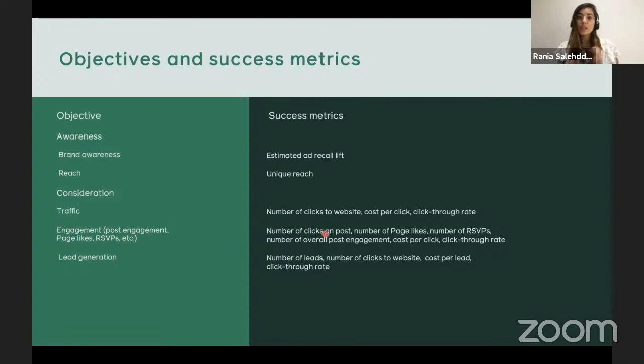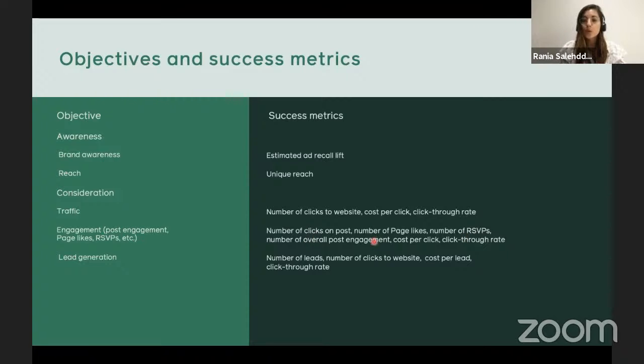And here it really depends on the type of engagement that you have set up in your campaign objective. You can have the number of clicks on your post, the number of likes, and also the number of people who responded to your events if you are promoting an event.